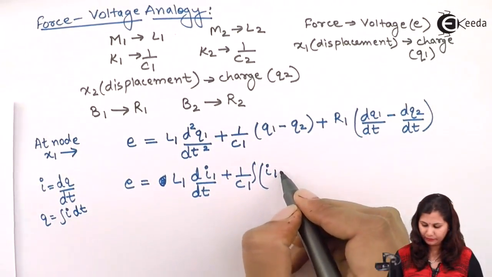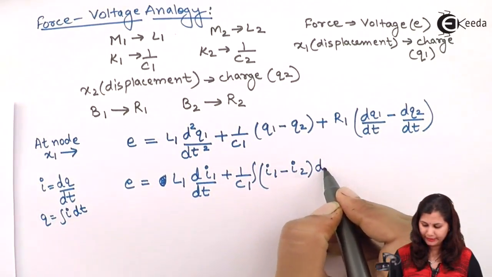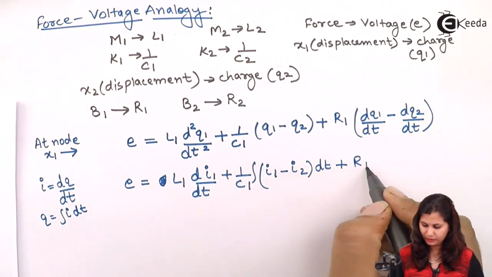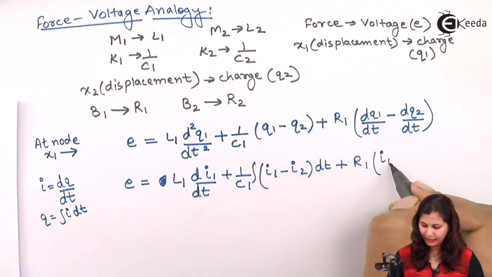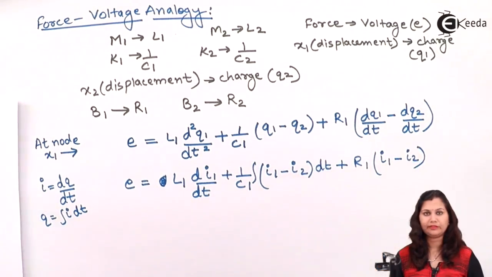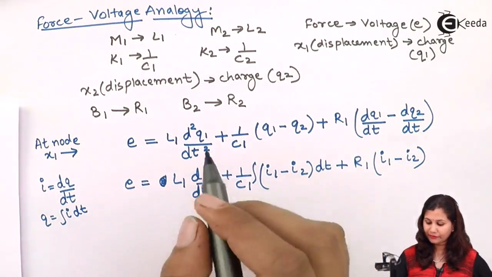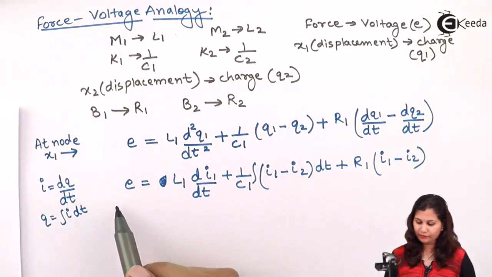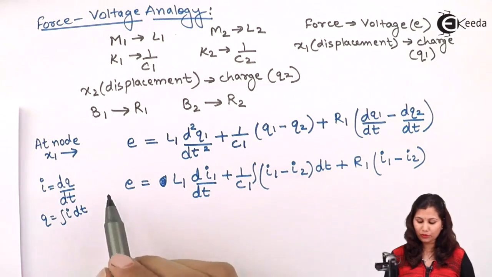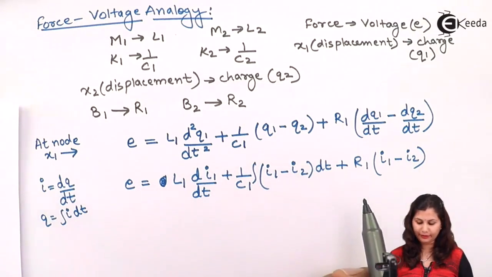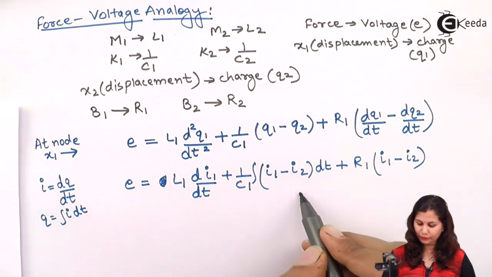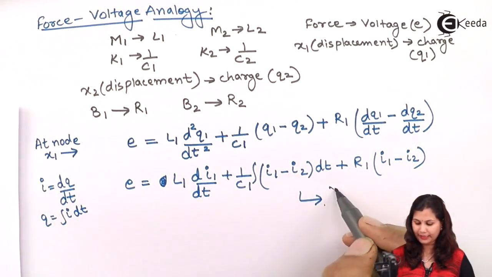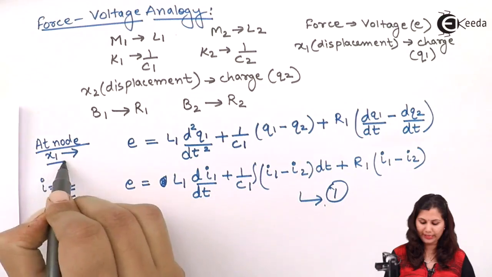So it will be the integration of (I1 minus I2) dt, plus R1 times dq1 by dt, which will be I1, and dq2 by dt will be I2. So we have changed dq by dt with I, and we have got the equation in terms of voltage and current. This is the final equation for the force voltage analogy at node x1. Okay, this is for node x1.